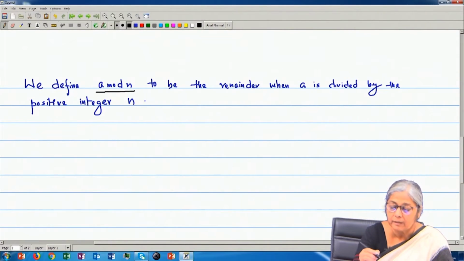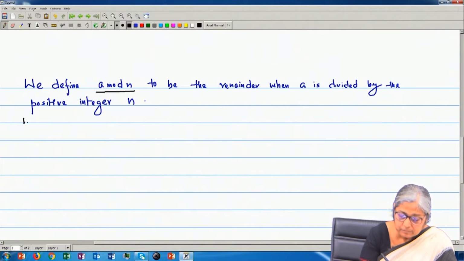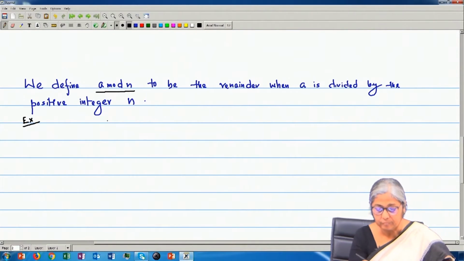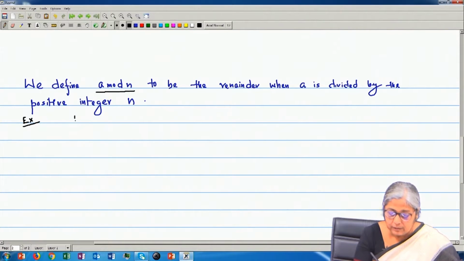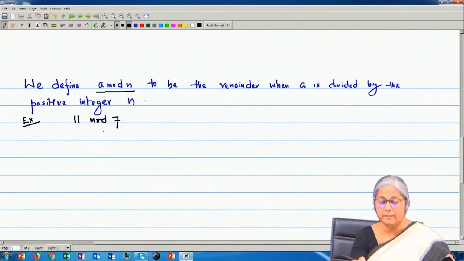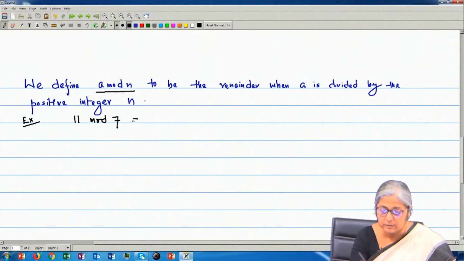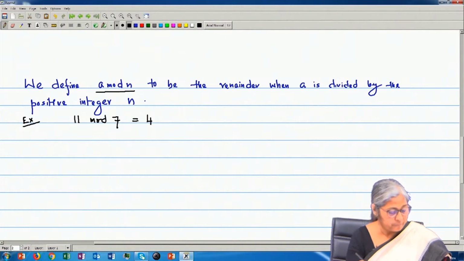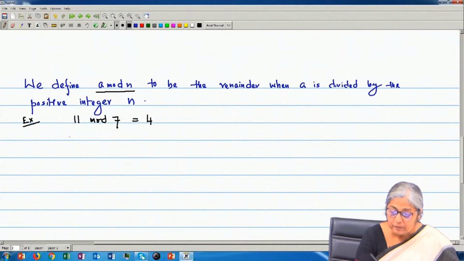If I give a simple example, say 11 modulo 7, that means when 11 is divided by 7, the remainder is 4. So, what will be minus 11 mod 7?